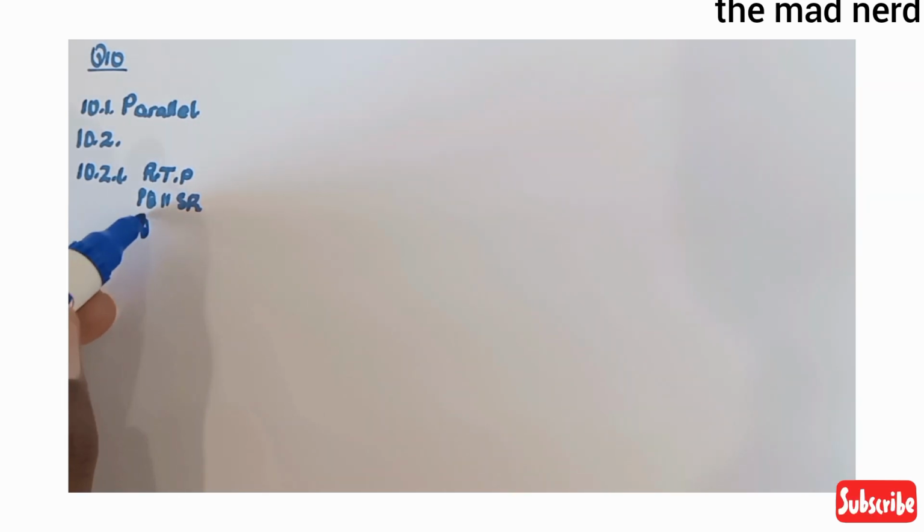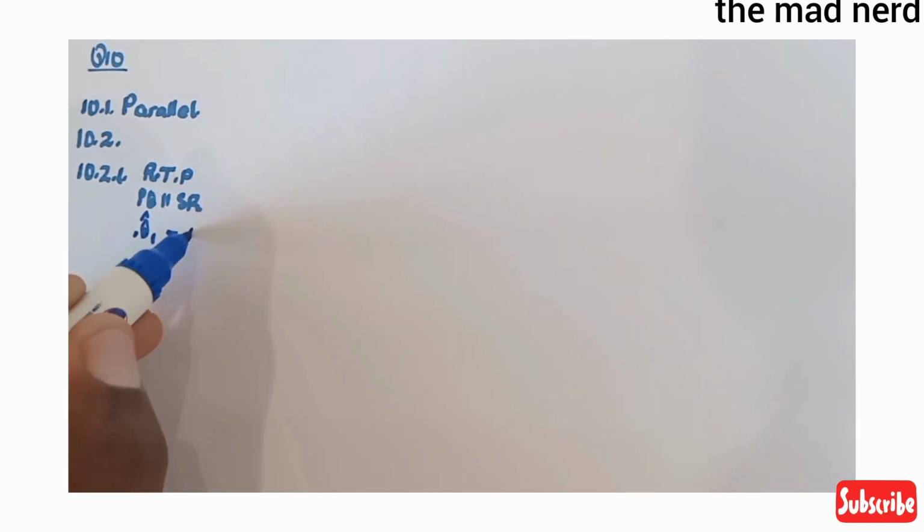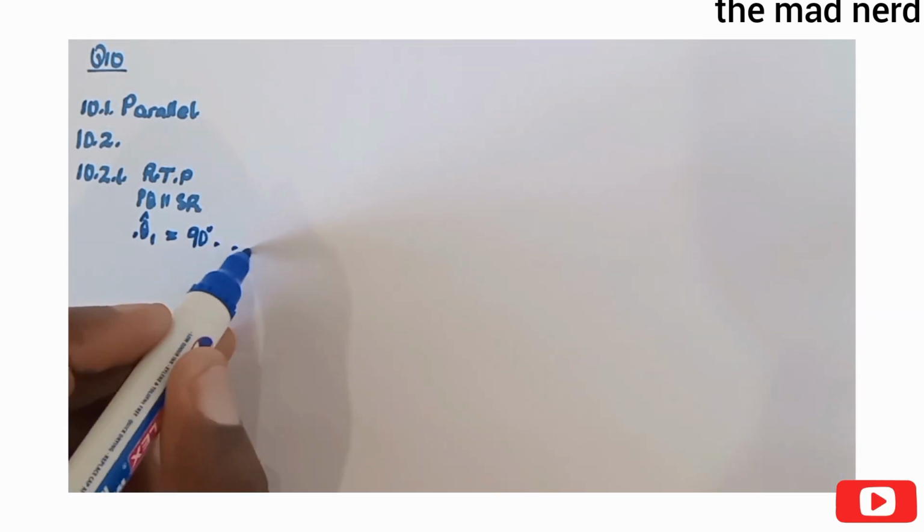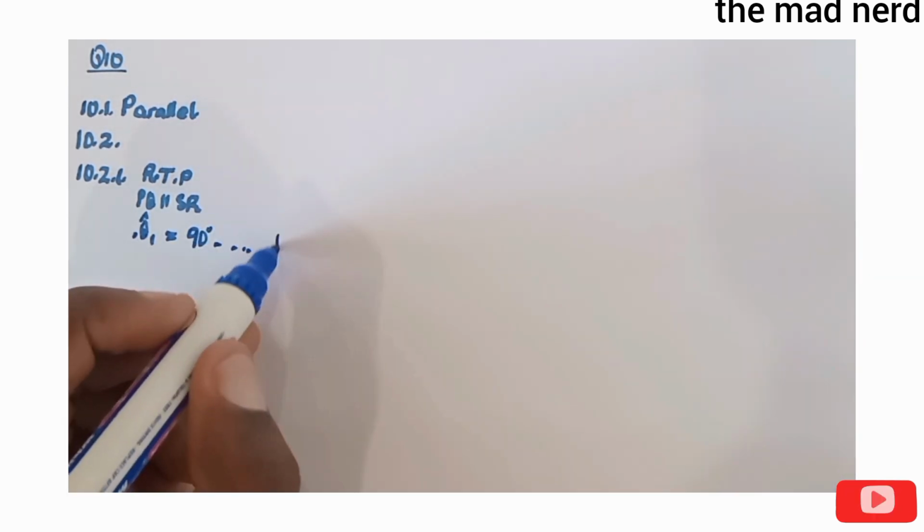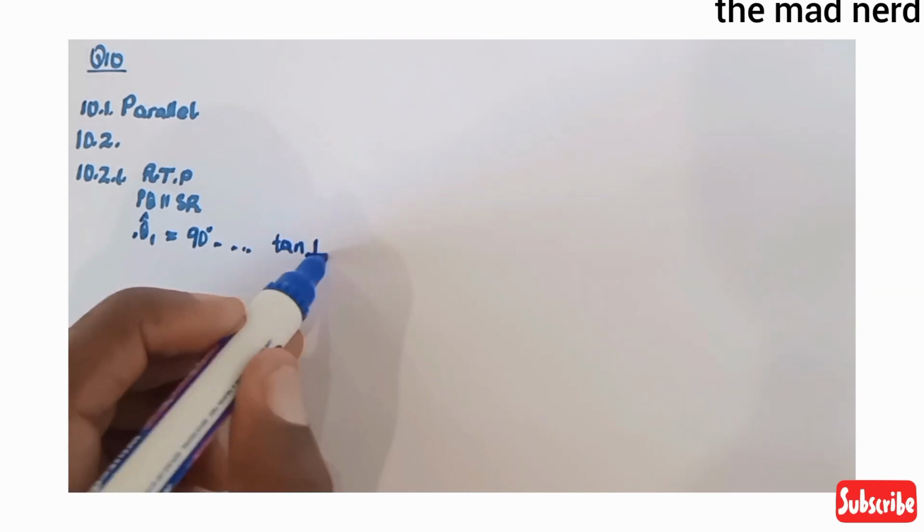Firstly, we say angle Q1 is equal to 90 degrees because of the tangent that is perpendicular to the what?